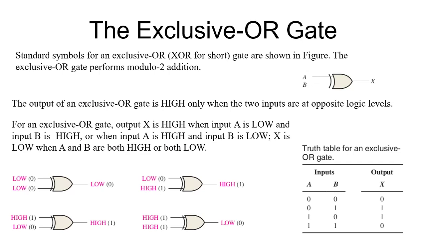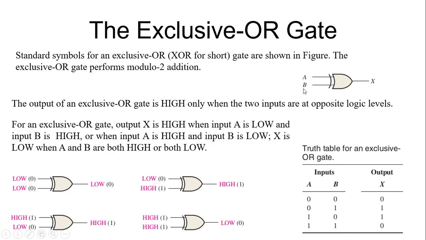The next gate is the exclusive OR gate. The exclusive OR gate is a two input gate. The standard symbol of the exclusive OR gate is given in this figure. Look, this is the standard symbol of the exclusive OR gate.